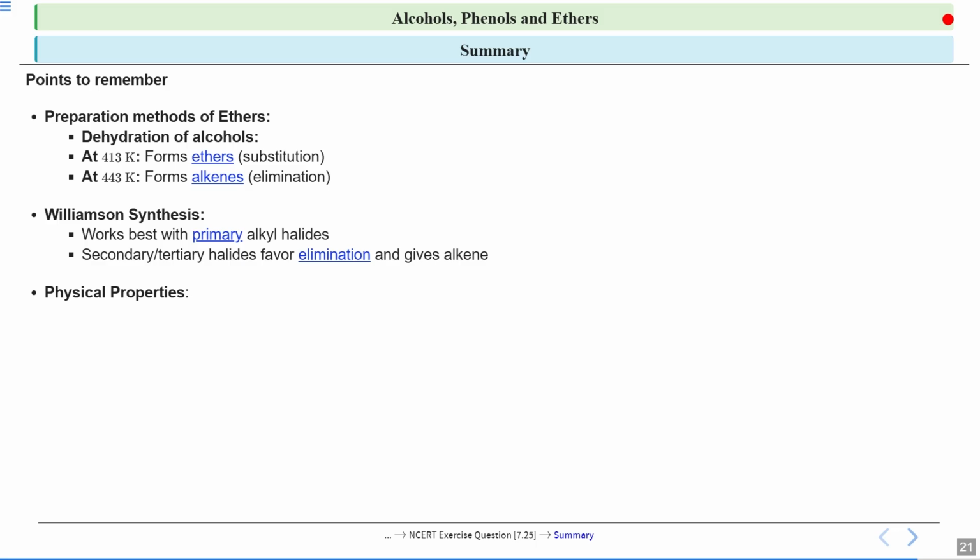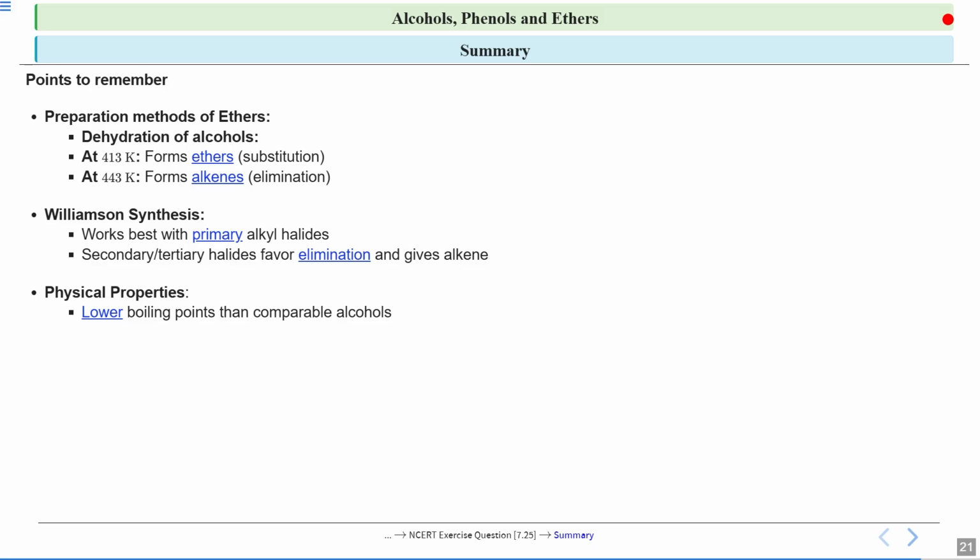Then we discussed some physical properties of ethers. We see that ethers have a lower boiling point than alcohols of comparable molar mass. Why? Because in alcohols there is strong hydrogen bonding, and in ethers there are weak dipole-dipole interactions. If there is strong hydrogen bonding, you have to give more energy to separate the molecules.